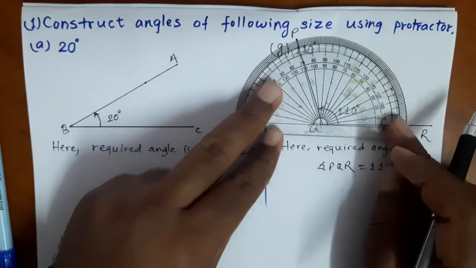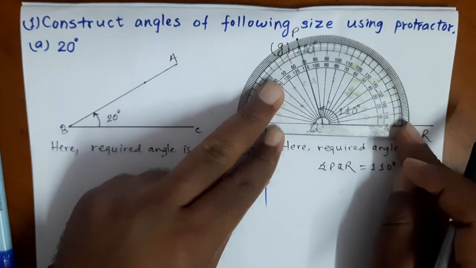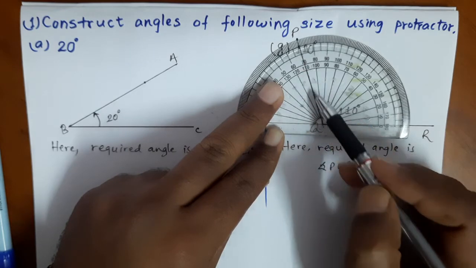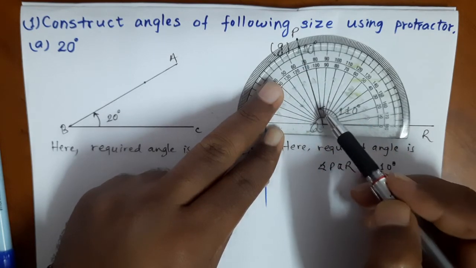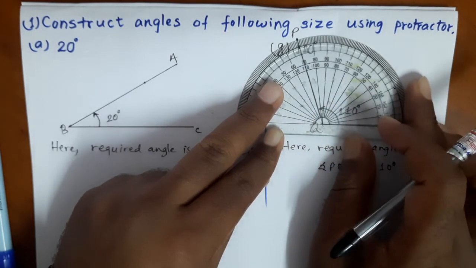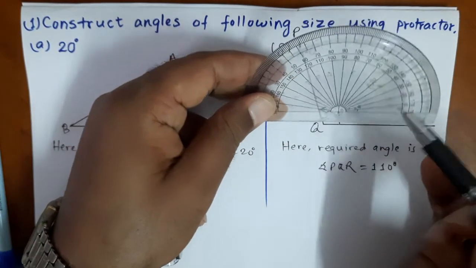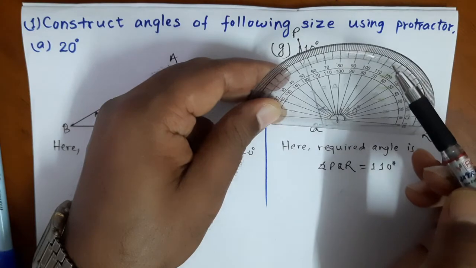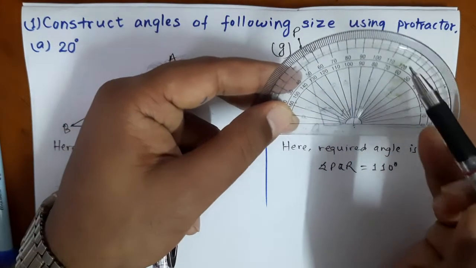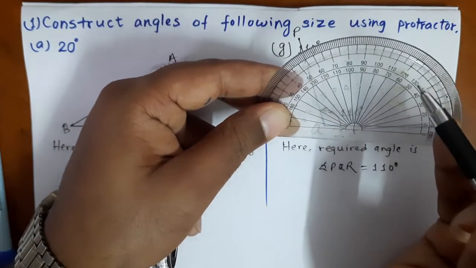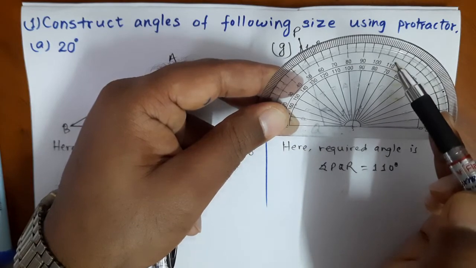And see here, our angle is exactly 110 degrees. Here you should be careful. You may think that 110 degrees is also here. You may draw 70 degrees here if you think that this is 110 degrees.